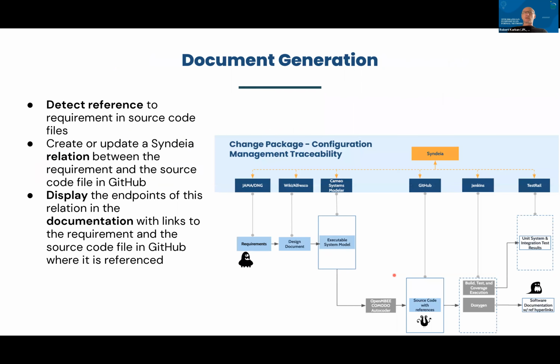Another example is document generation. So the flight software developer has the requirement to demonstrate that their code satisfies a certain requirement. So they have to keep track of, okay, this piece of the code implements this requirement.